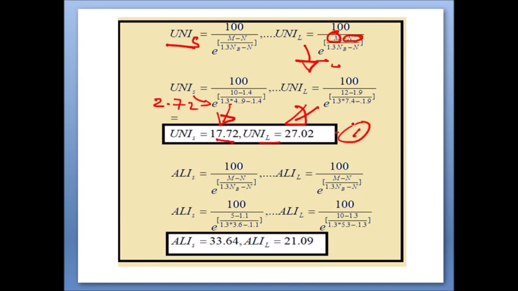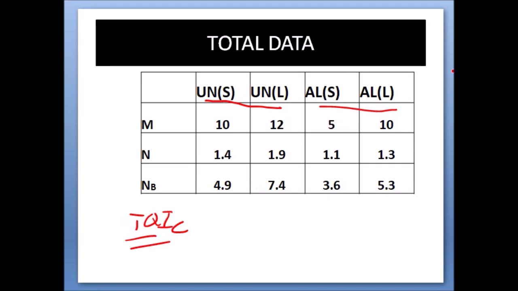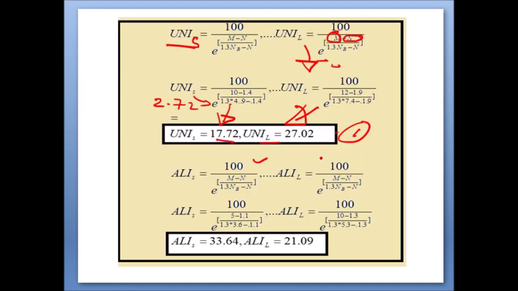This is the first thing required. Next, for alignment we calculate the same way. For alignment index over short chord, 100 by e power (M minus N) by (1.3 NB minus N). In table C, all these things are related to alignment: this is the M value, this is the N value, and this is the NB value. Substituting for short chord, you get around 13.36.